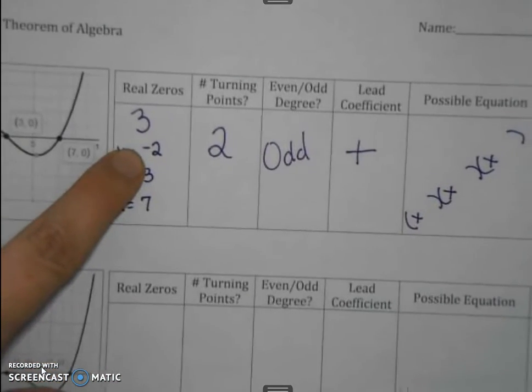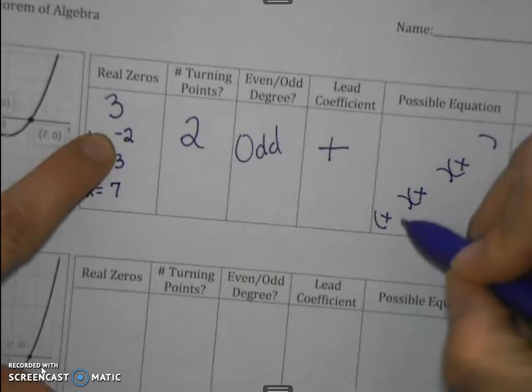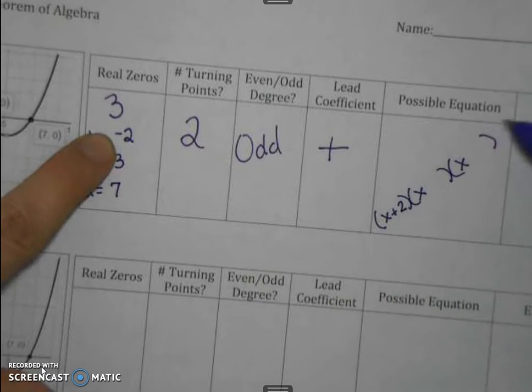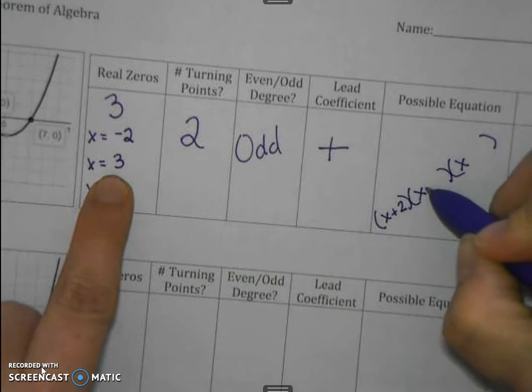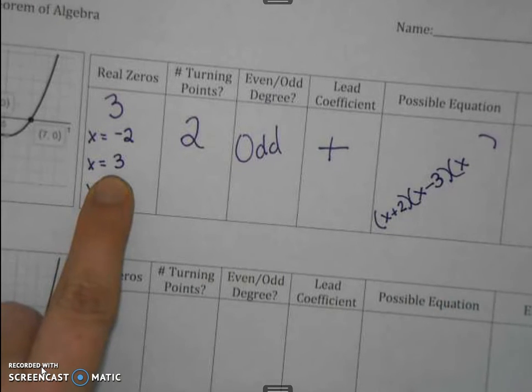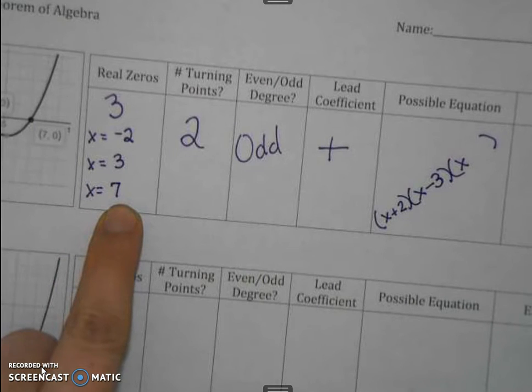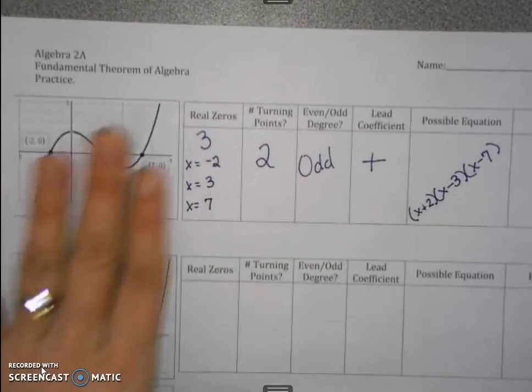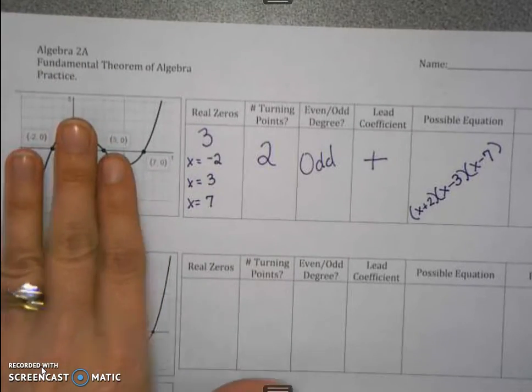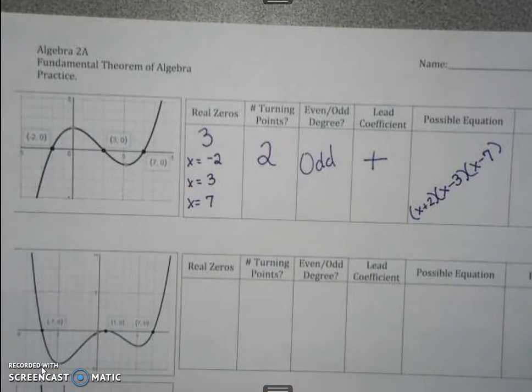What's the opposite of -2? Yep. The opposite of 3? Yes, I knew you'd know that. And then the opposite of 7? Okay. Not too hard there. And it's not intended to be. This is about making connections of the fundamental theorem of algebra, how the graph can really tell us some things.